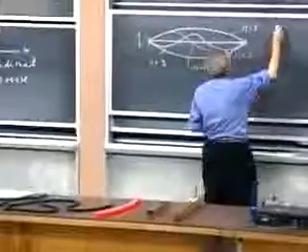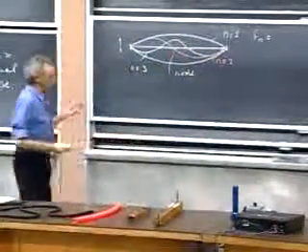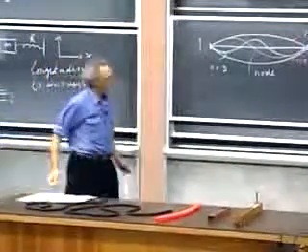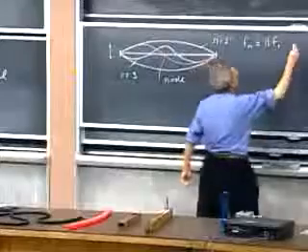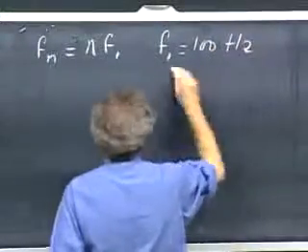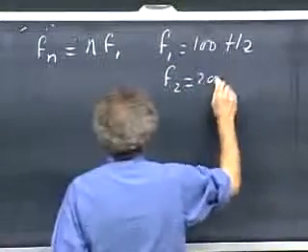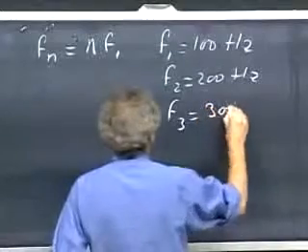The frequency that I generate, I call that f of n. N is an integer, it could be 1, 2, 3, or 4, and f of n is linear in f1. In other words, if f1 were 100 hertz, then f2 would be 200 hertz, and f3 would be 300 hertz.